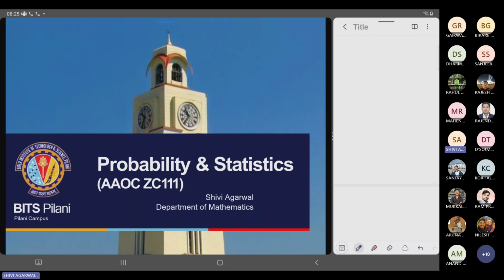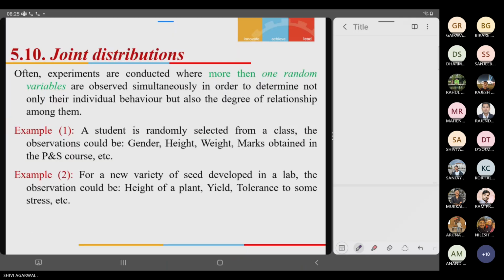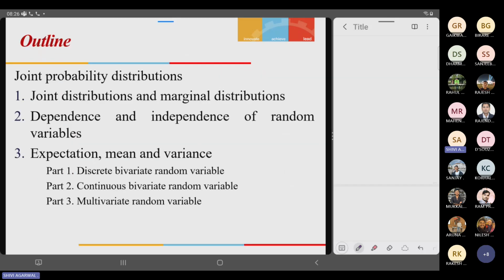So we will start. This is the context session number 10. We started the joint distribution in the last class. When we are discussing more than one random variable, we go for the joint distribution. In this one, we are discussing three parts: joint distribution and marginal distribution, dependence and independence of the random variables, expectation, mean and variance.